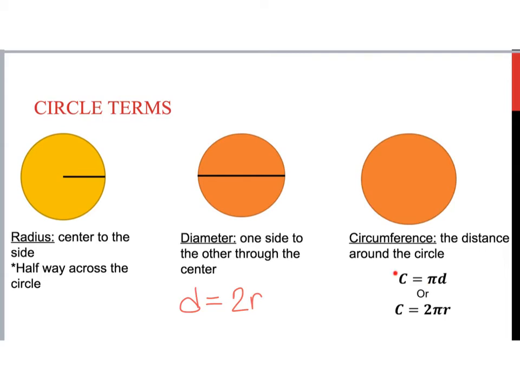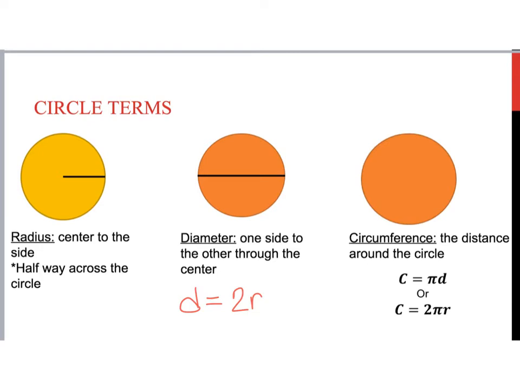So circumference is equal to pi times the diameter, or because we know that the diameter is equal to twice the radius, we can say that circumference is equal to 2 times pi times r, because this 2 and this r really equals the diameter. Sometimes it depends on what you're given, or what you prefer, as to which formula you use, but just know that they're the exact same formula.